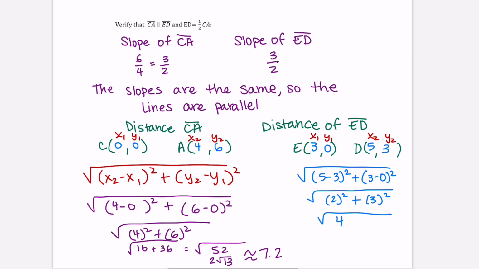Square root of 4 plus 9, which is the square root of 13. And notice how we have square root of 13 and 2 times the square root of 13. Those are exactly double. Square root of 13 is half of 2 square roots of 13, but this would be about 3.6. And so that is exactly half.